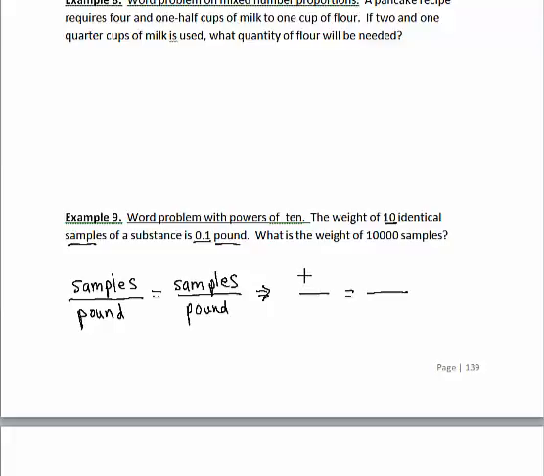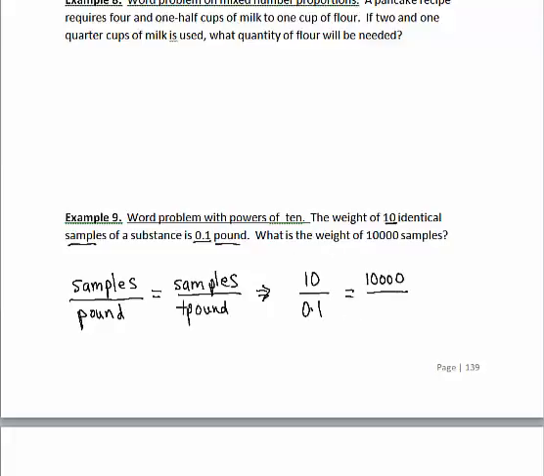So we have 10 samples and 0.1 pounds. 0.1 goes on the bottom, 10 on the top. What's the weight of 10,000 samples? Well, 10,000 is associated with the number of samples, and we have samples on the top. So 10,000 needs to go in the numerator.